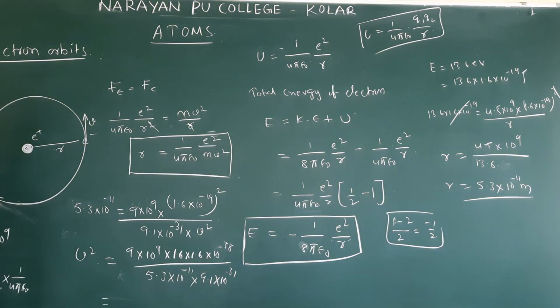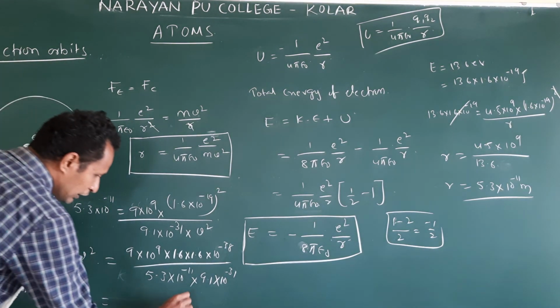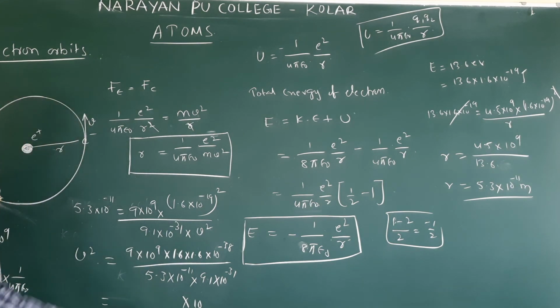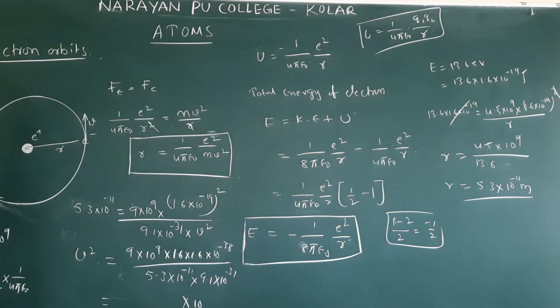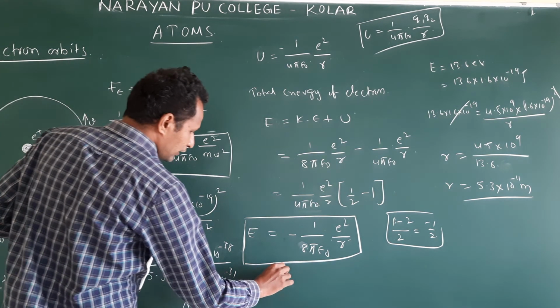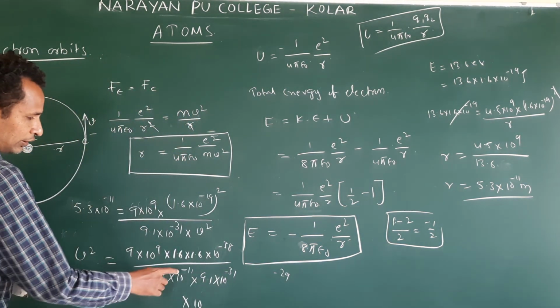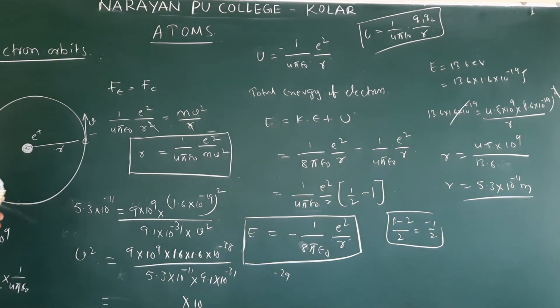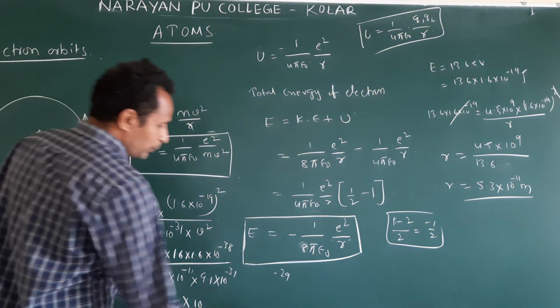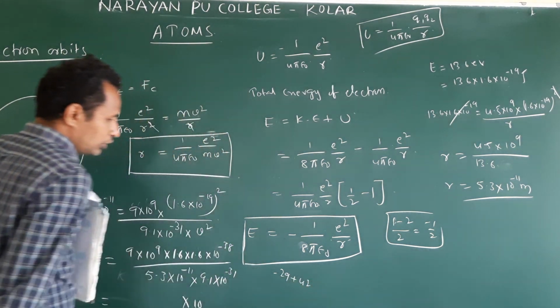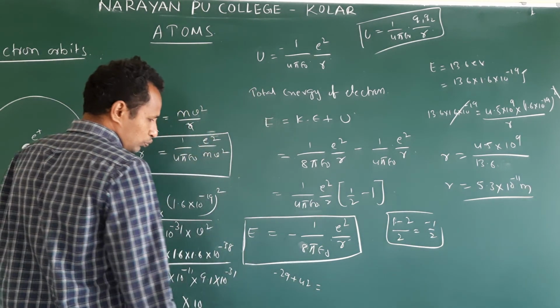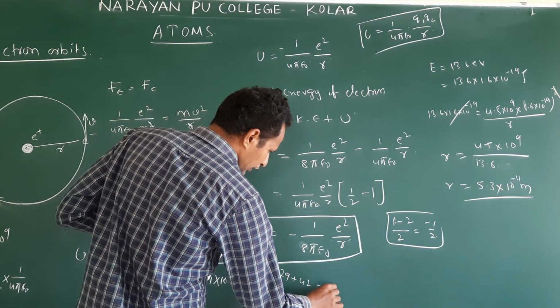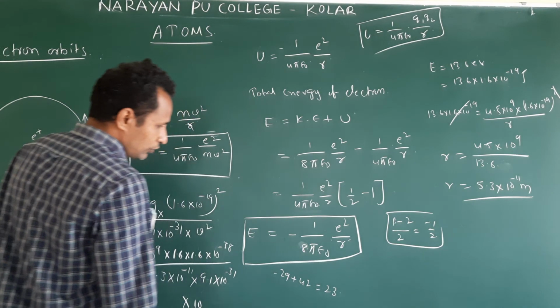First clear the powers, then calculate. I am just giving clarity on the powers. 9 minus 38, what is that? Minus 29. Right? Minus 11 minus 31, minus 42. That comes up, so plus 42. Then this is equal to 10 power 23 or 13?